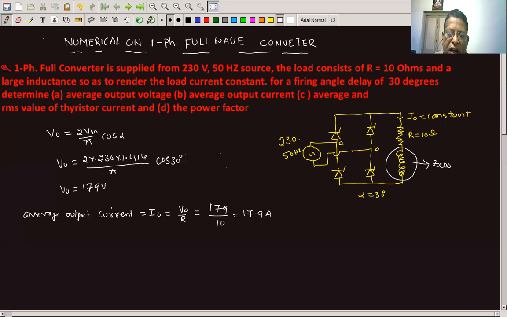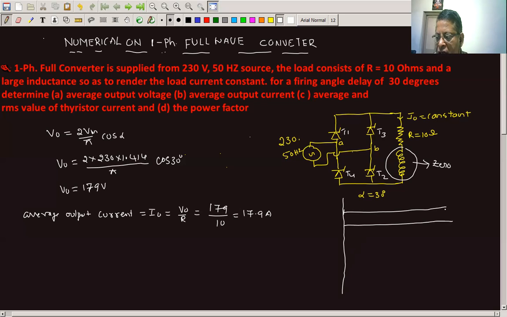Next, the average and RMS value of thyristor currents. See here, we should draw the thyristor current waveform. Then only can you find out the average and RMS value of the thyristor current. So first we have taken the load current.